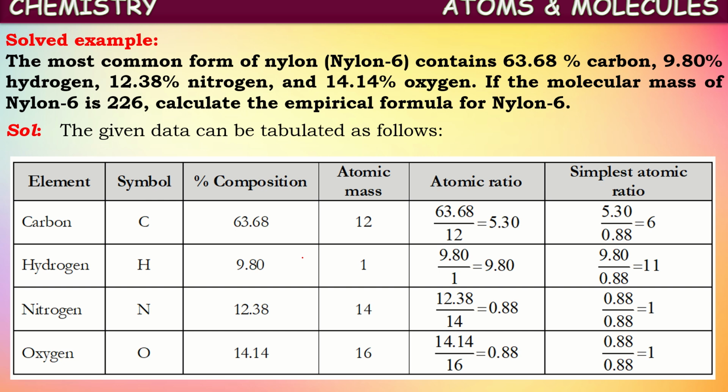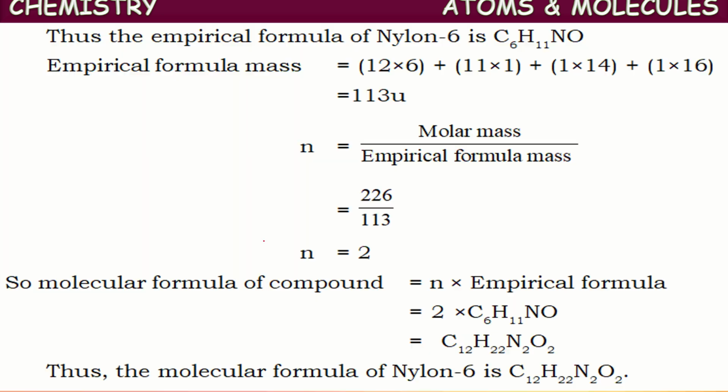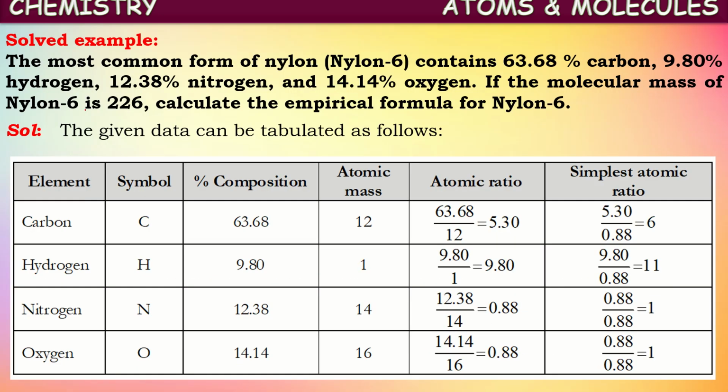If the molecular mass of nylon 6 is 226, calculate the empirical formula for nylon 6. Just now we discussed percentage composition gives rise to the mass of that particular element. The total mass of that element within a molecule we get from percentage composition.